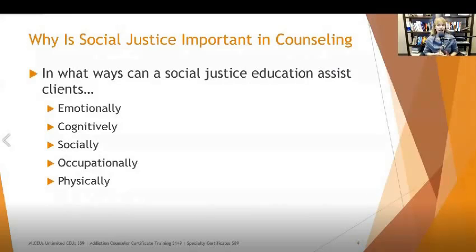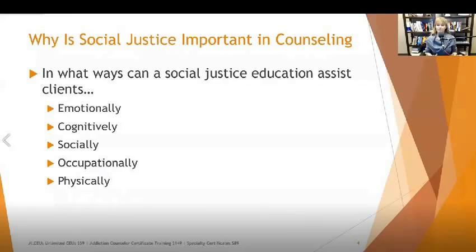Socially, if we help people understand their different identities, it can also help them understand and appreciate diversity, but also understand other people's reactions to them a little bit more, and be more effective interpersonally.